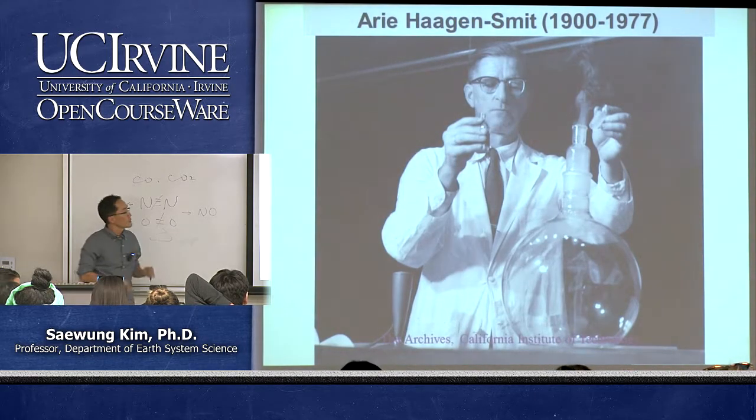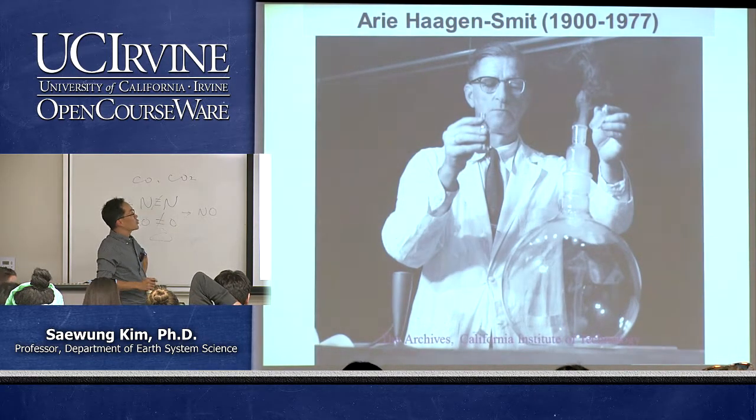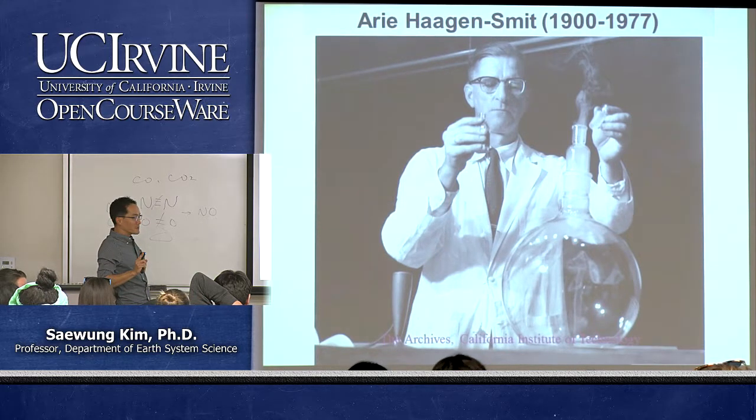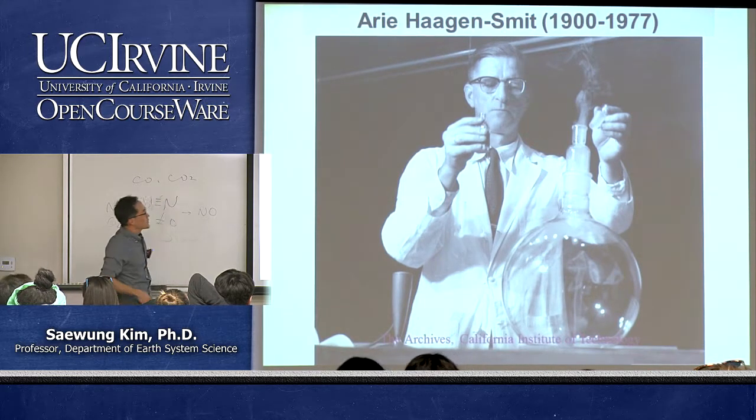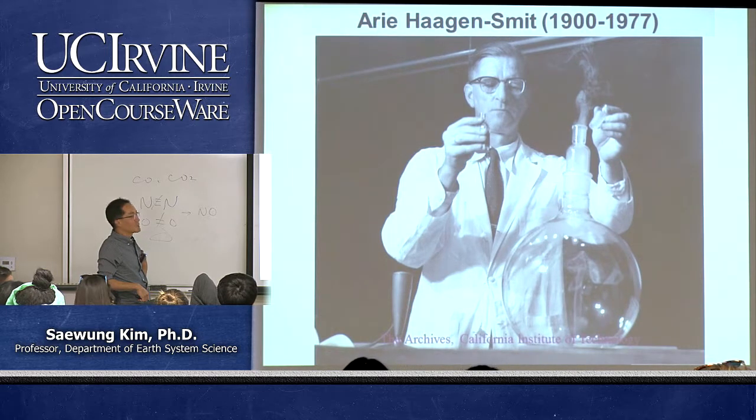So next class, we will talk mostly about the scientific findings. Oh, it's not over yet. From the mid-1950s, the scientific study was initiated by this scientist, again, Arie Haagen-Smit.